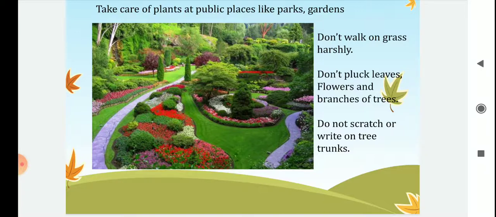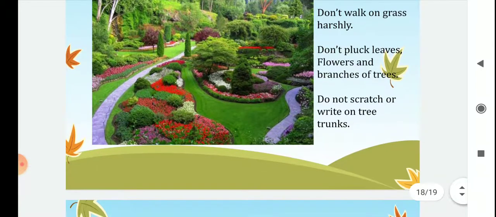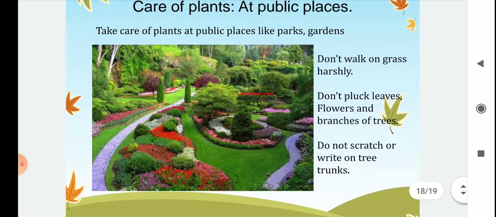And lastly I want to say nature is like our mother. She offers lots of things: medicine, food, wood, paper, then our shirts, our clothes, all of these things. So we need to take care of our mother, that is our planet, these plants, and lots of natural things.